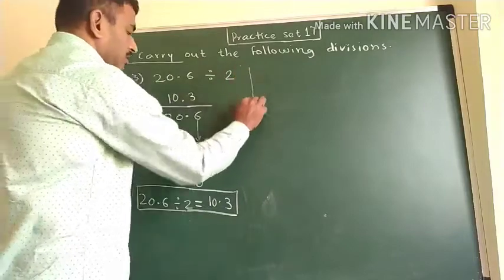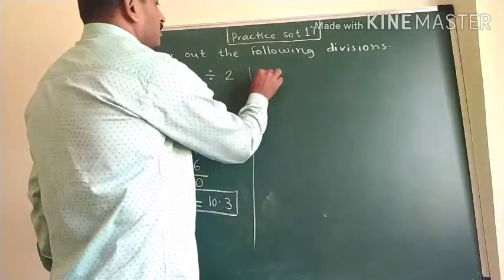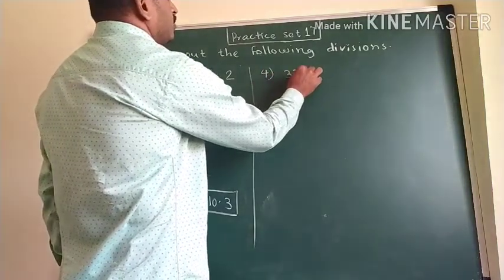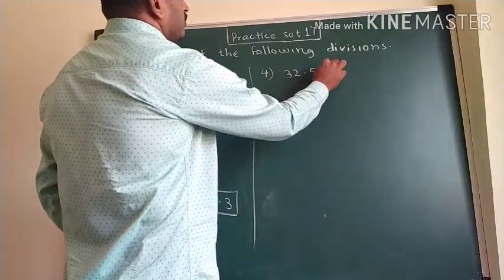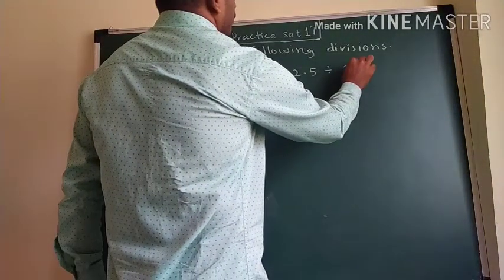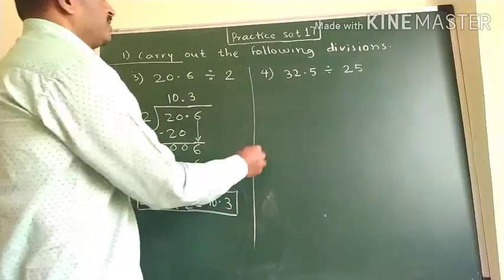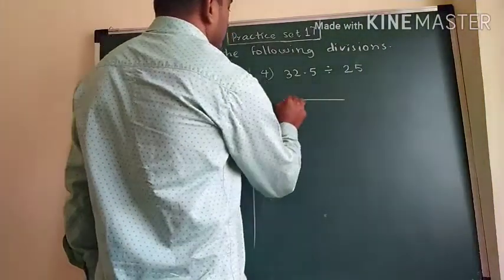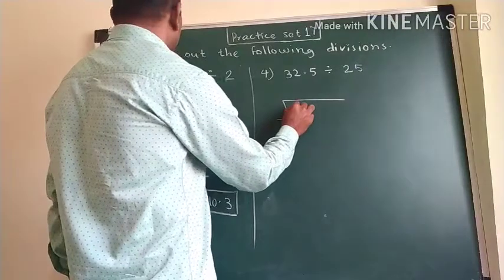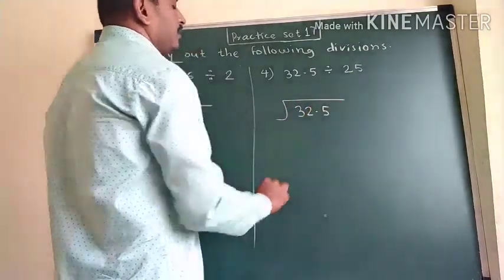Now the next one, the fourth question, is 32.5 divided by 25. Now we can write it in a decimal or in a division format.